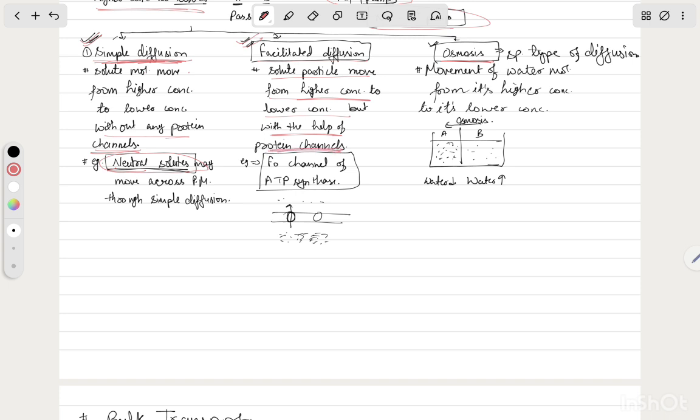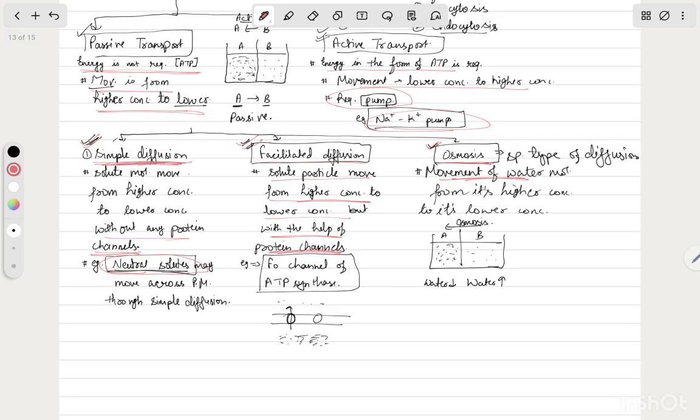It is facilitated by protein channels. Then osmosis is a special type of diffusion where movement of water molecules takes place from higher concentration to lower concentration. So in all three types, movement is from higher concentration to lower concentration. Higher to lower, right? That is transport across membrane.